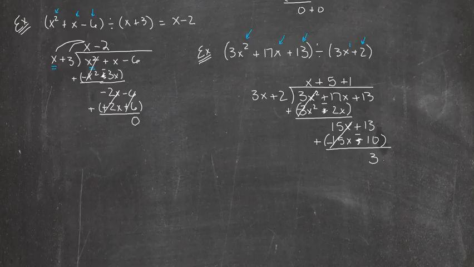There's nothing I can really do here. I mean, you might be seeing some tricky things like divide by x, but that's all crazy. There's nothing I can do to convert 3x into 3, which means that 3 is a remainder. So the answer to this question then is x plus 5 plus a remainder of 3.